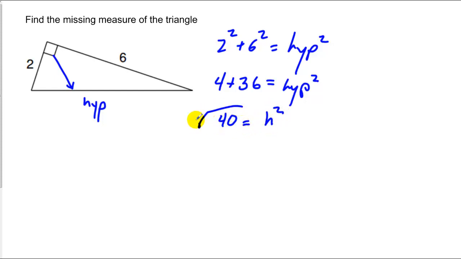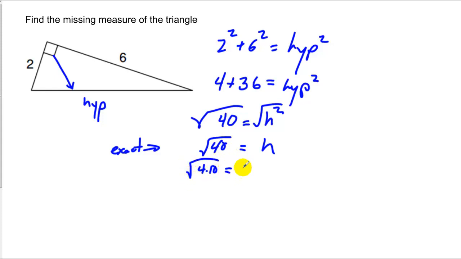Square root both sides. I get the square root of 40 is equal to the square root of h squared, which is just h. Notice, again, this is the exact value here, but it's not simplified. So I break that down into 4 times 10, so the square root of 40 is 2 root 10.